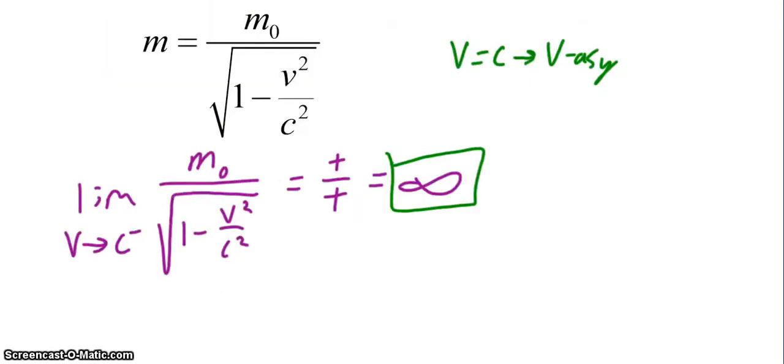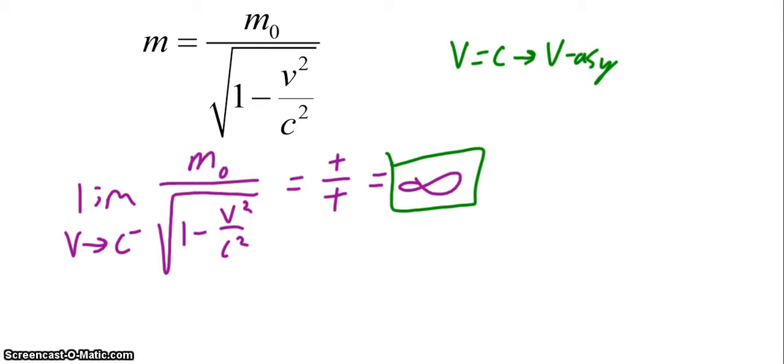Alright, so here, if v approaches c from the left, I apologize. The numerator is always going to be a positive number, assuming the mass of a particle is positive, which it should be if it's a particle. Now, if I plug in numbers for v that are getting really close to c, this number is getting really close to 1.